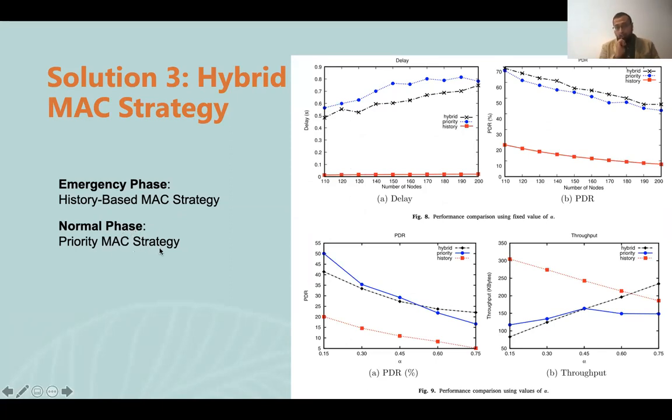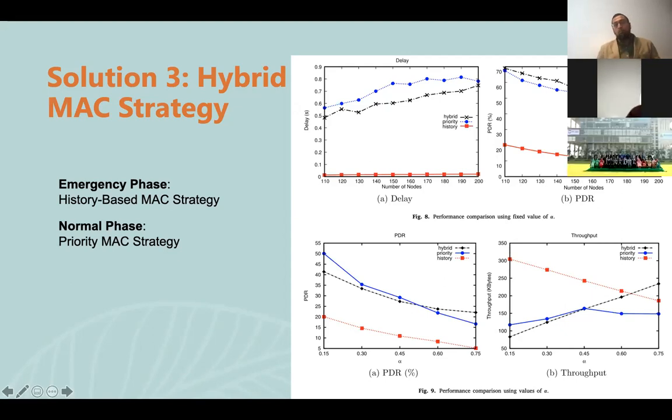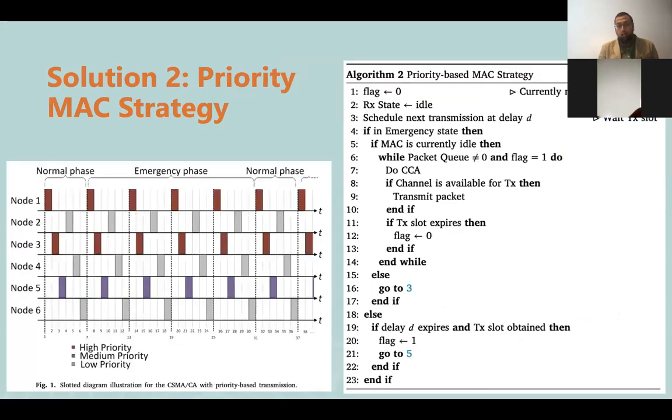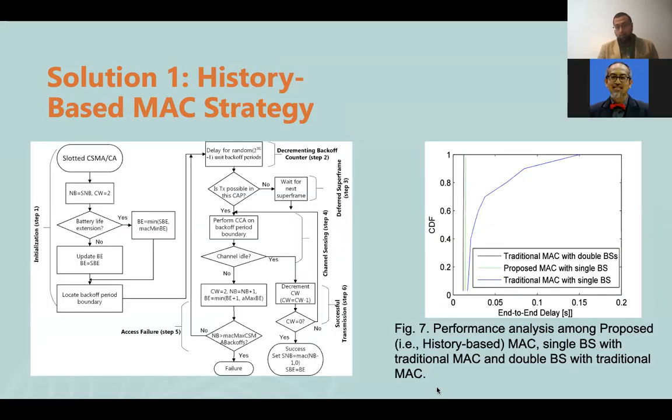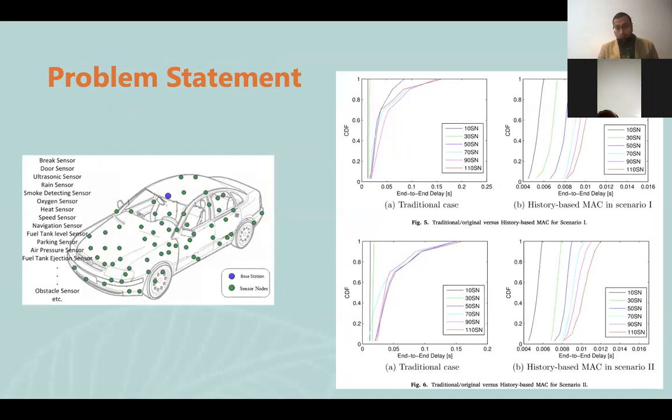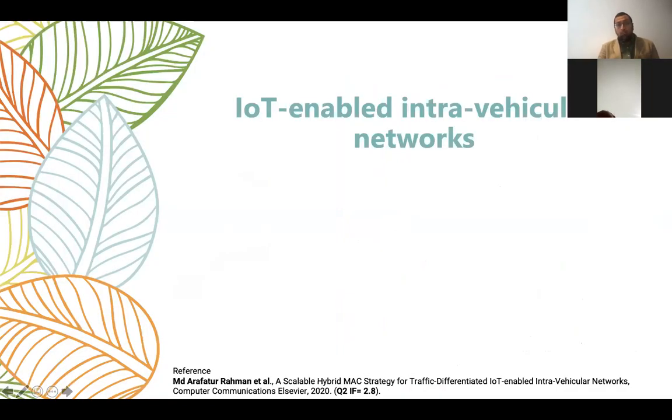We noticed that our hybrid approach really outperforms in a scalable, large network, and the throughput is also increasing. If you want more information about this, I would suggest you look at this paper, which is published in Computer Communications.